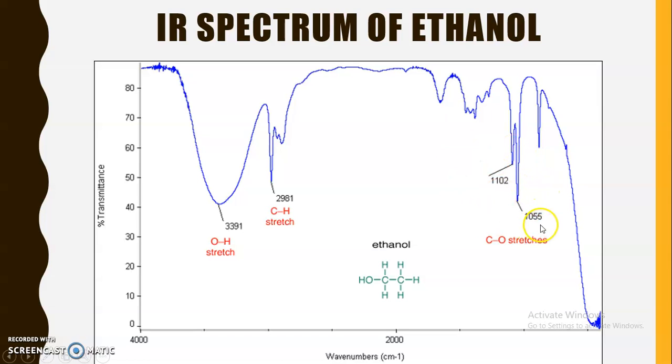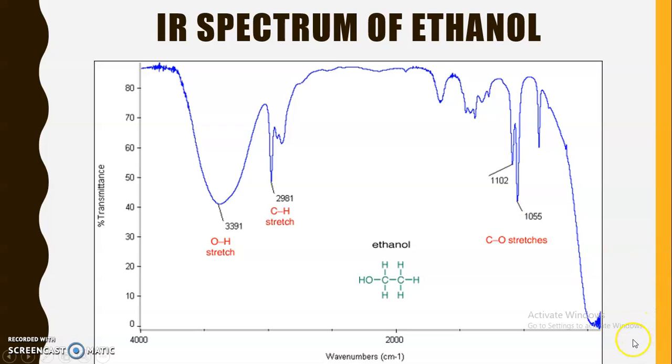As you can see, around 1000 to 1100 we get peaks due to CO stretching. This means if a peak is obtained in this region, then you can say the CO functional group is present in our sample. So this is the typical IR spectrum of ethanol.